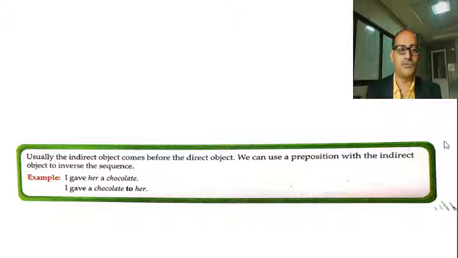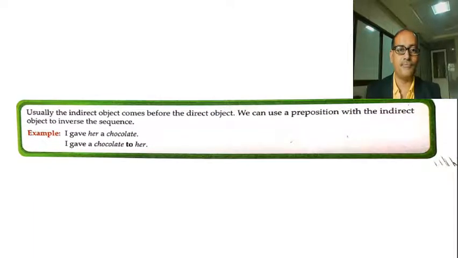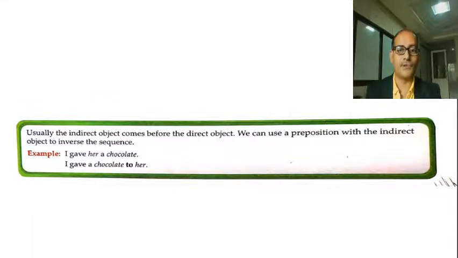Dear students, one thing is that usually the indirect object comes before the direct object. We can use a preposition with the indirect object to inverse the sequence. For example, I gave her a chocolate. Now, I gave her a chocolate.